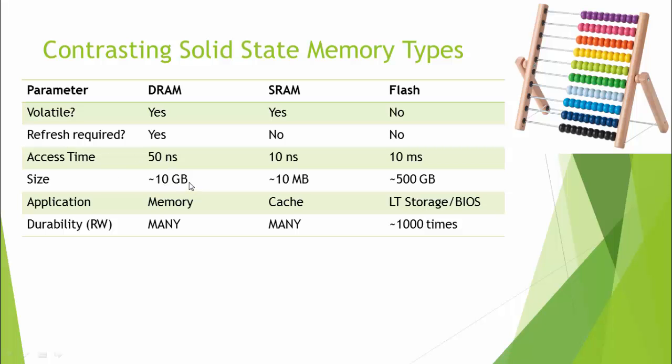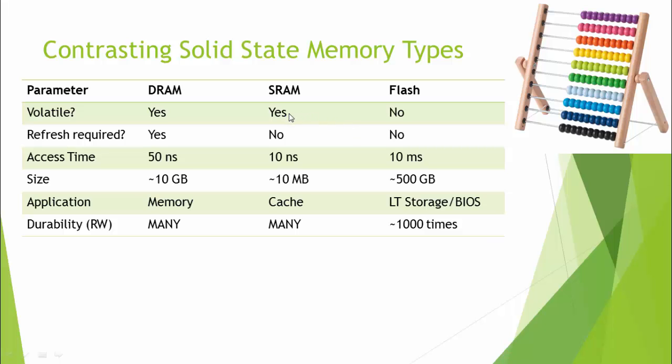We typically have on the order of 10 gigabytes in a computer. Some will have more, some will have less. Its application is as working memory for the computer. And its durability, it can be read and written many, many, many times, such that the technology is likely to be out of date before it wears out.